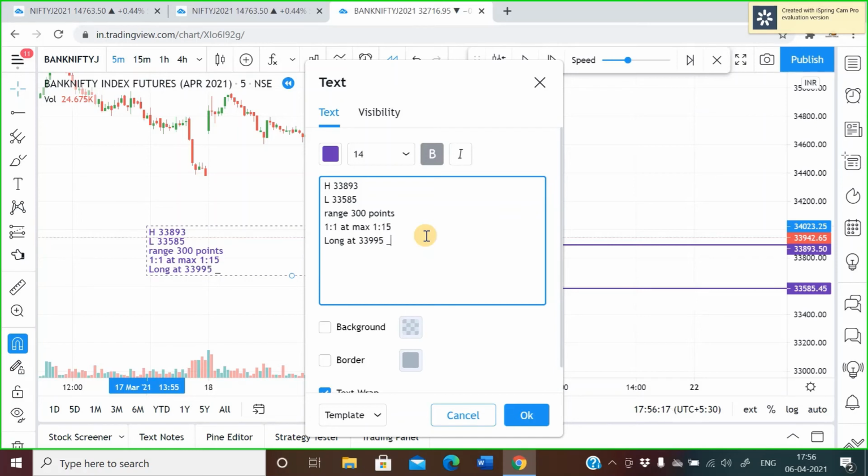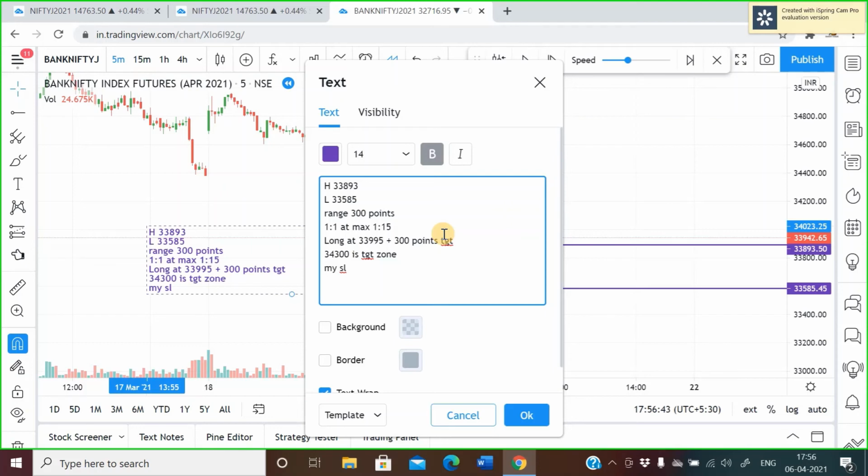I will be looking for about 300 points as the target, which is around 34,300, my target zone. And my stop loss is again going to be deep. As I said, Bank Nifty comes with a lot of risk, and where there is risk, the reward is also even better.